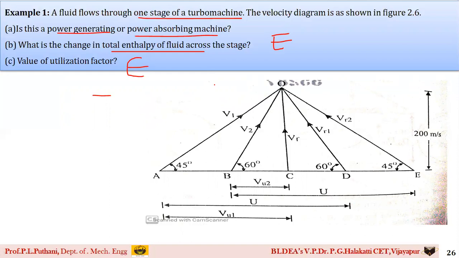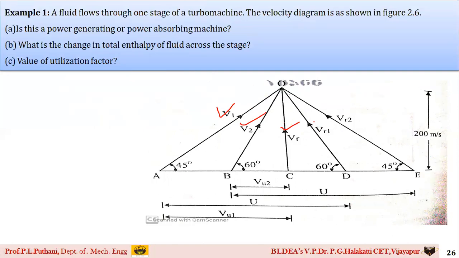If you observe the velocity triangle given in the picture carefully, you can see that it has absolute inlet velocity V1, absolute outlet velocity V2, and velocity Vf, which is common for both inlet and outlet. Relative velocities VR1 and VR2 are also there.